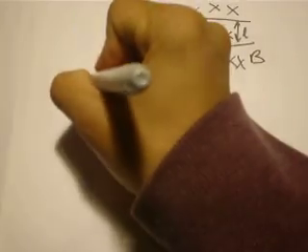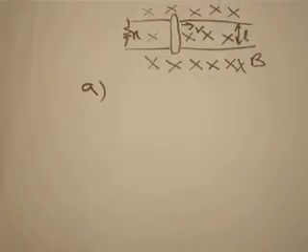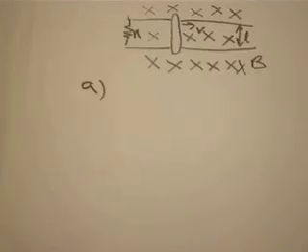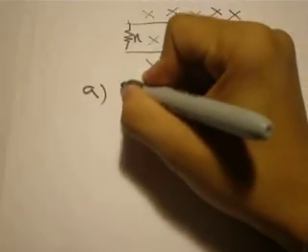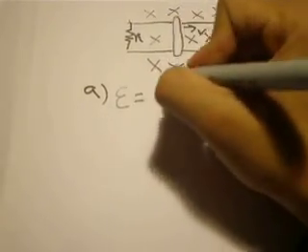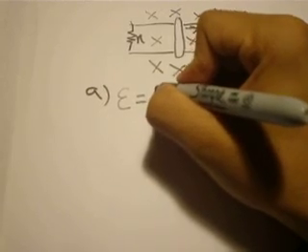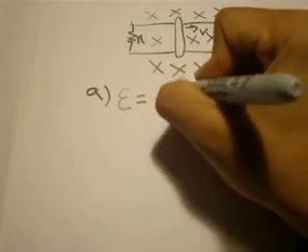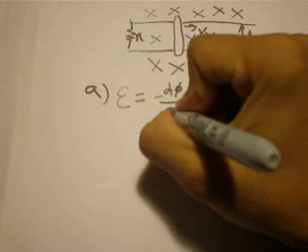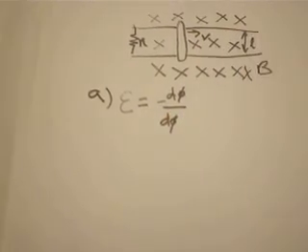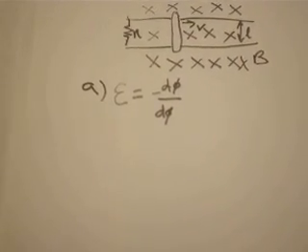So part A, we're asked to find the induced voltage. So E is the negative d flux over dt, as we're given in the table of equations.